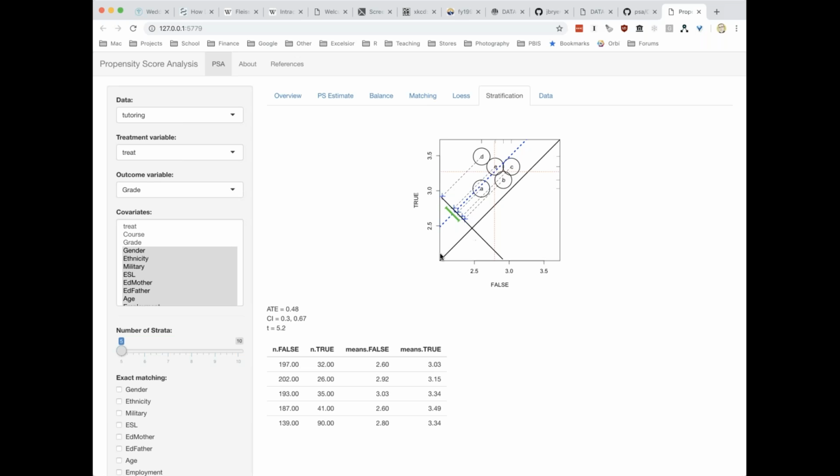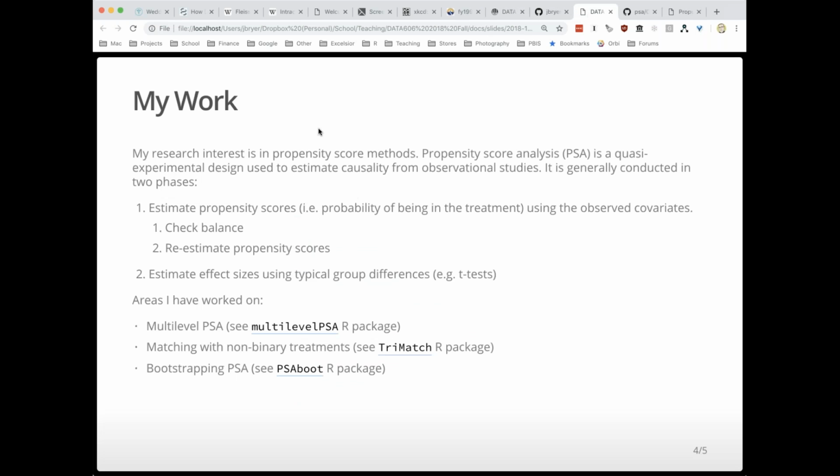Any points that fall on it mean there's no difference between the treatment and control. Each of these strata, each stratum, is of individuals that are equivalent on as many of those covariates as we can do. And the fact that this green line, which is a 95% confidence interval, doesn't span zero, says that there's a significant effect, right? And so there's a lot of qualifications here, but that's a lot of what I'm doing.